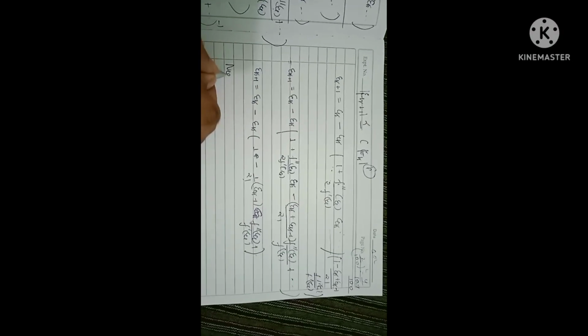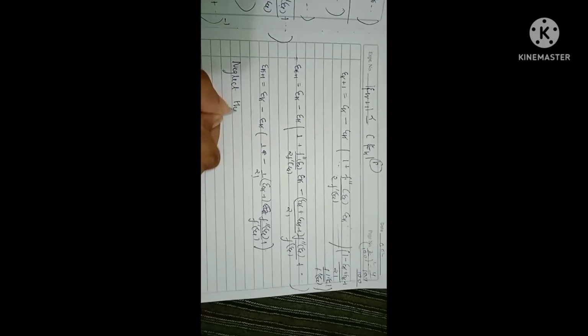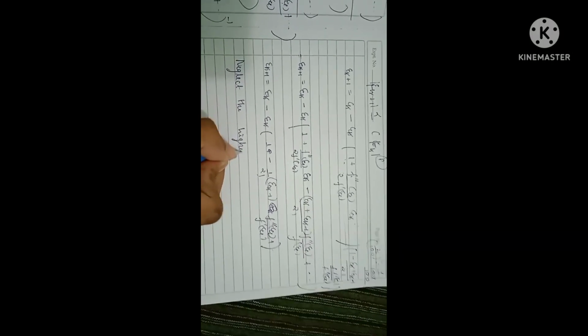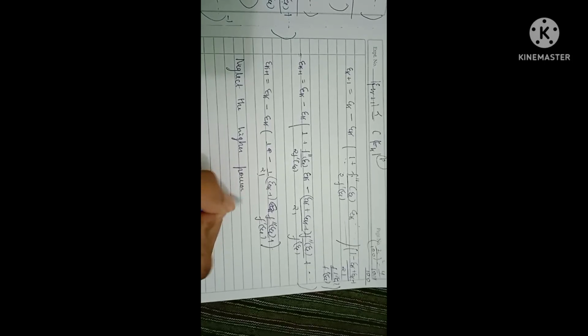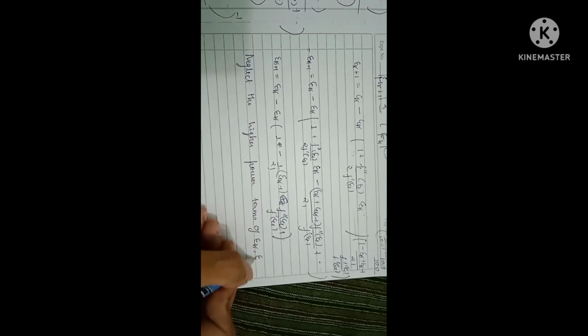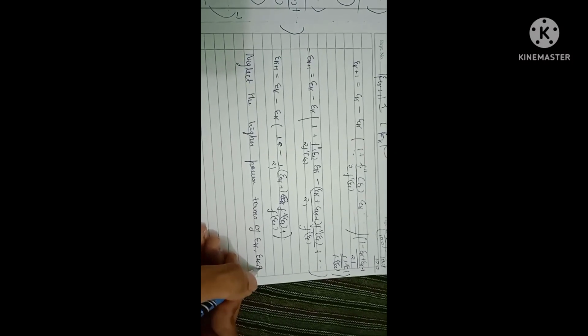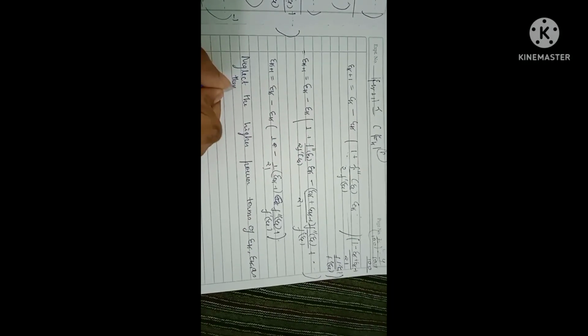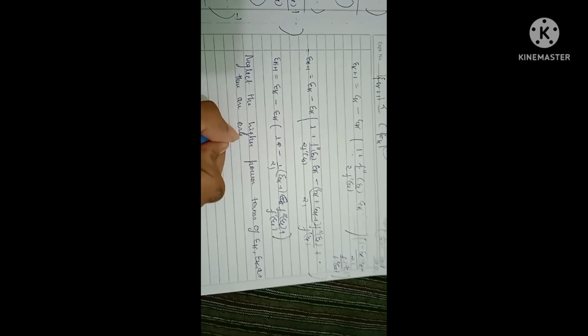And here we can neglect the higher order terms, higher power terms of e^k and e^(k−1), as these are errors and these will get neglected.